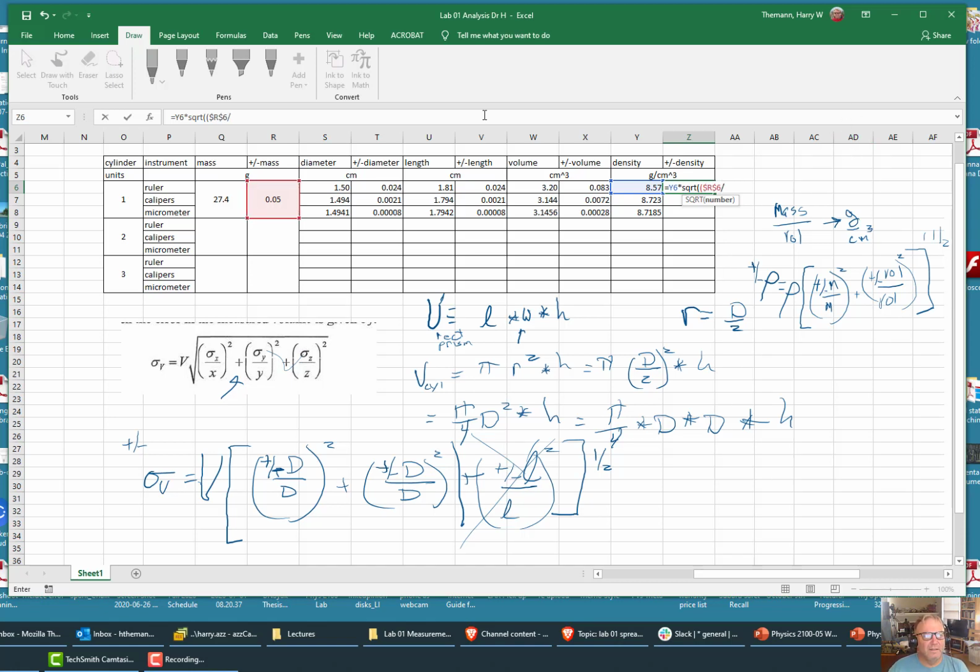Divided by the mass. And I'll use my F4 key again. Square it. Then put in our next term, that would be the plus minus volume divided by the volume. Square it. Close the square root. And now we've got that.